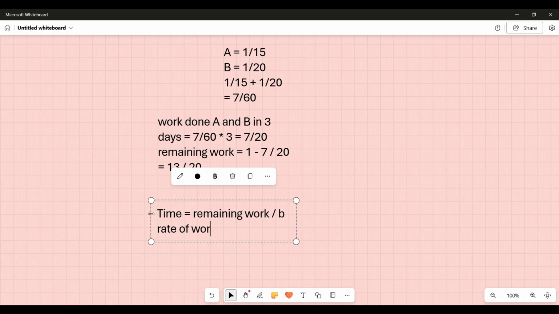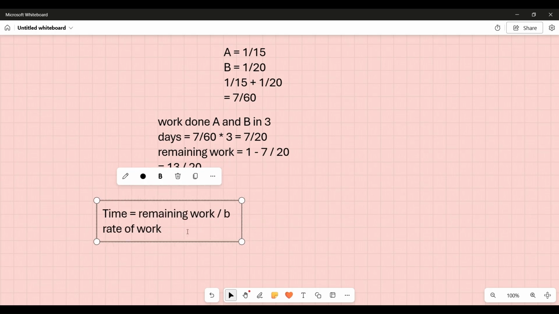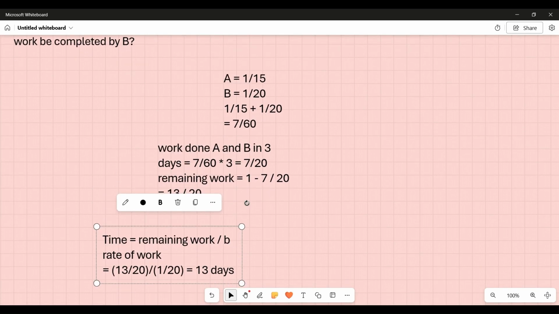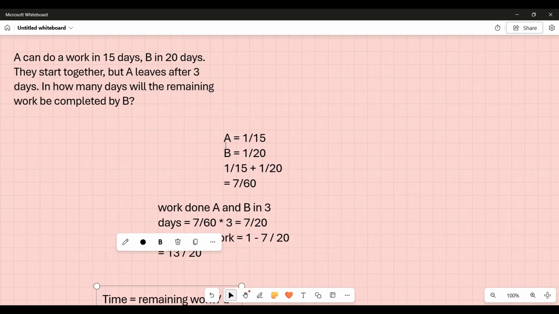Putting in the values, it will be 13 upon 20 divided by 1 upon 20, which is B's rate of work on a particular day, which will be equal to 13 days. So 13 days will be required by B to complete the remaining work after A left the work after 3 days.